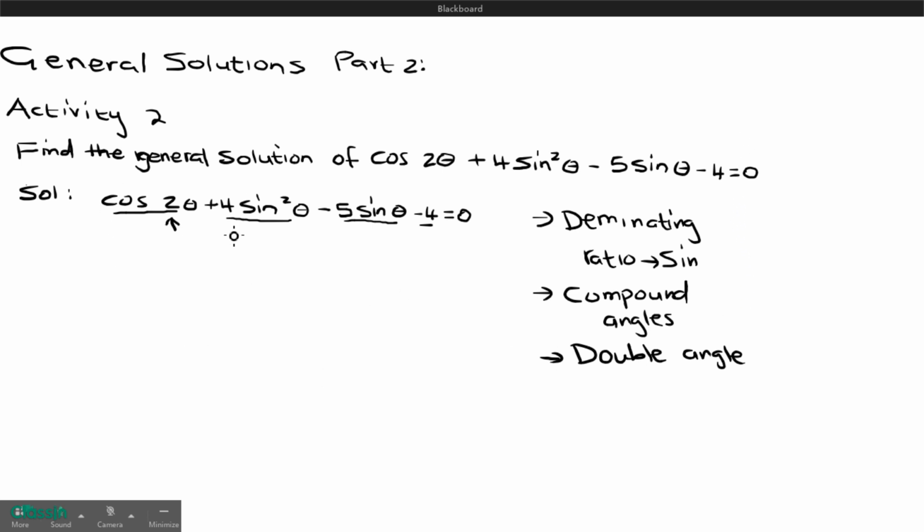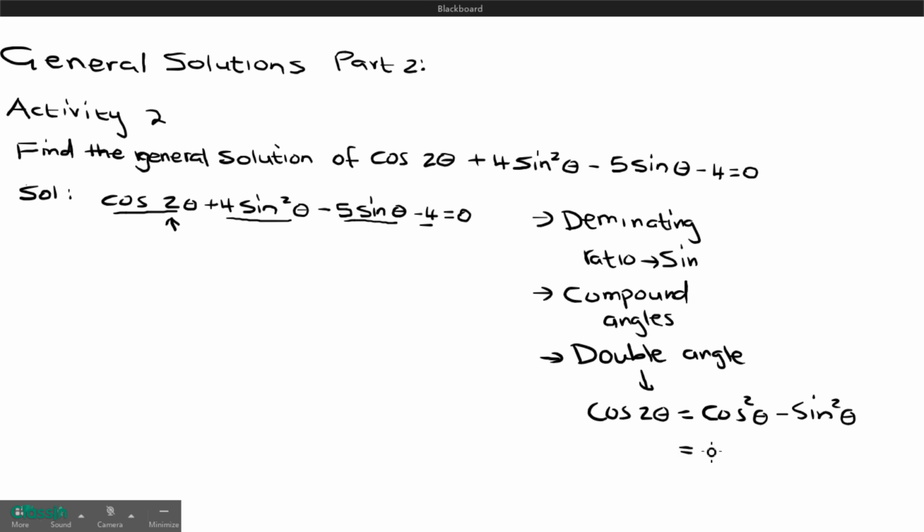Now, when we have a double angle, how do we dissolve it? Because the double angle in this case is cos, we need to dissolve this cos to sine, as sine is the dominating ratio. So cos 2 theta can be written in the form of cos squared theta minus sine squared theta.